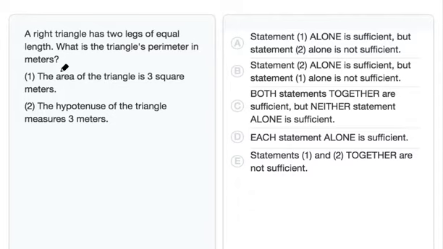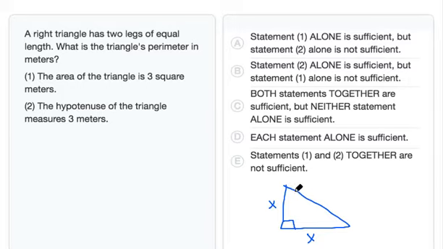Taking a look at the question, we're told that a right triangle has two legs of equal length. This automatically implies that this is a common right triangle of 45, 45, 90. Let's jot down a rough sketch of what this might look like. We do know it's a right triangle, and we do have equal sides, so let's call them x, because we don't know the length.